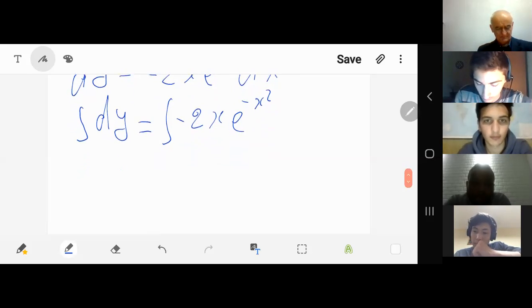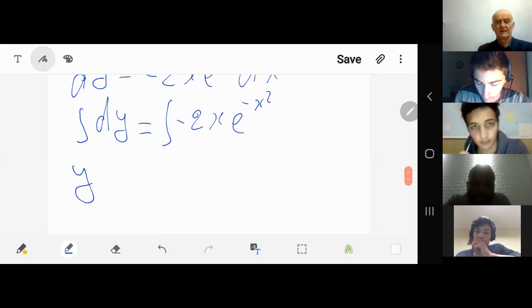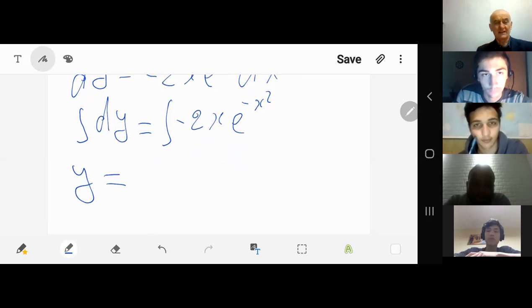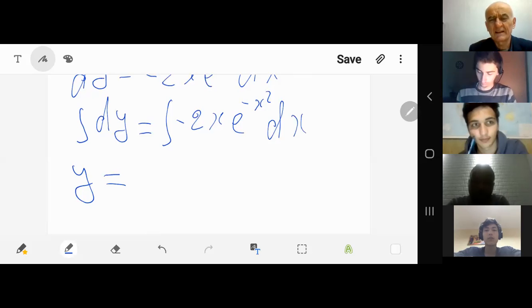Now, integral dy is again y, it's easy as well, but the other side is more challenging. How can we find the integral of minus 2x? I missed dx here.